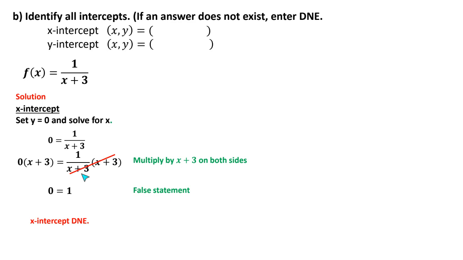And x plus 3 multiplied by 1 divided by x plus 3 is going to be 1. So 0 does not equal 1. That's a false statement. So what that means is there's no x-intercept. It does not exist. So we would just enter D and E for our answer.